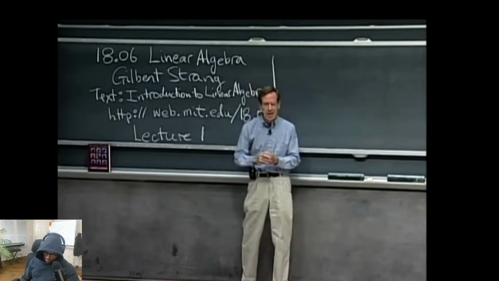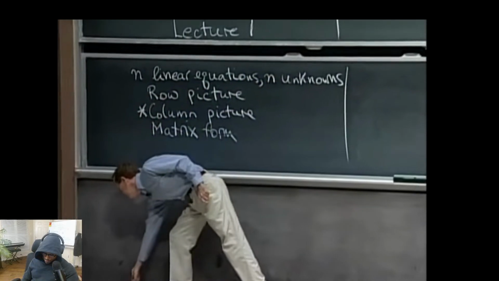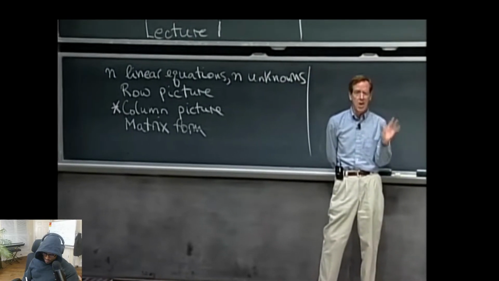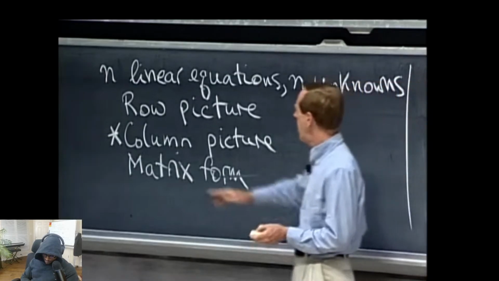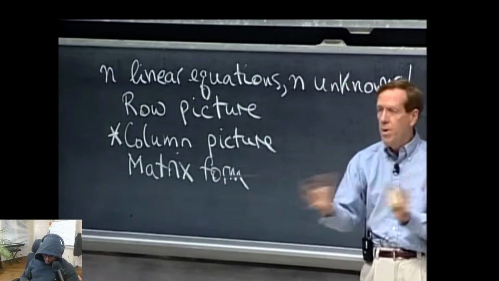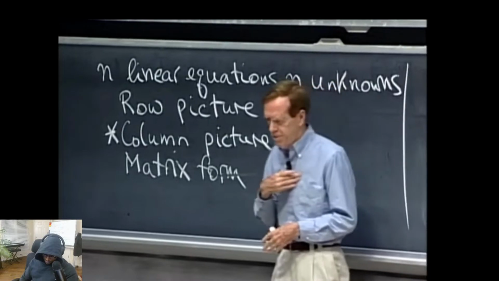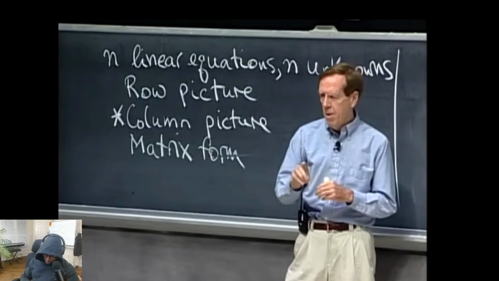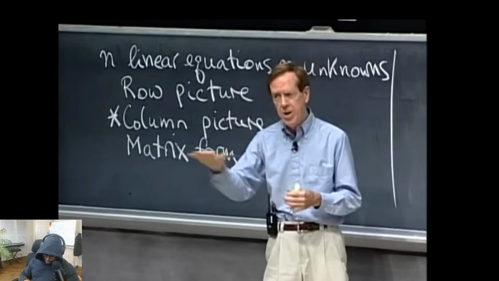Okay, so what's in the first lecture? This is my plan. The fundamental problem of linear algebra, which is to solve a system of linear equations. So let's start with the case when we have some number of equations, say n equations and n unknowns. So an equal number of equations and unknowns. That's the normal, nice case. And what I want to do is, with examples, of course, to describe first what I call the row picture. That's the picture of one equation at a time.